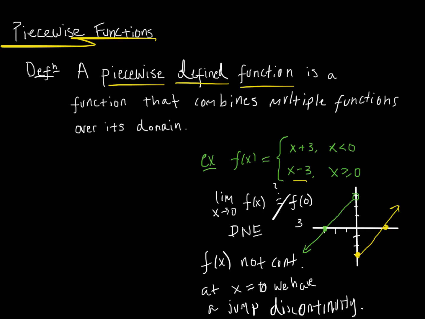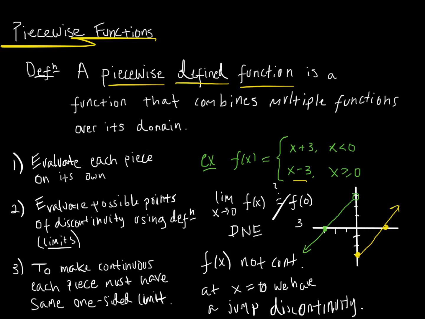Okay, so I'm going to write out the three steps that are pretty basic to us being able to identify continuity and discontinuity, points of discontinuity for a piecewise function. Alright, so just to recap, first things first, we're going to evaluate each piece of the piecewise function on its own, and that will help us take stock of the function overall and identify the possible points of discontinuity.